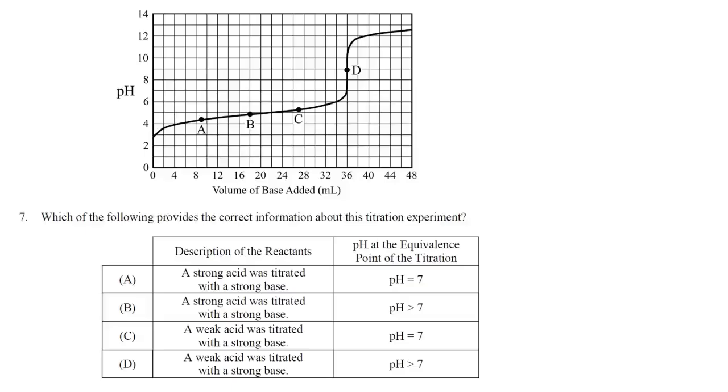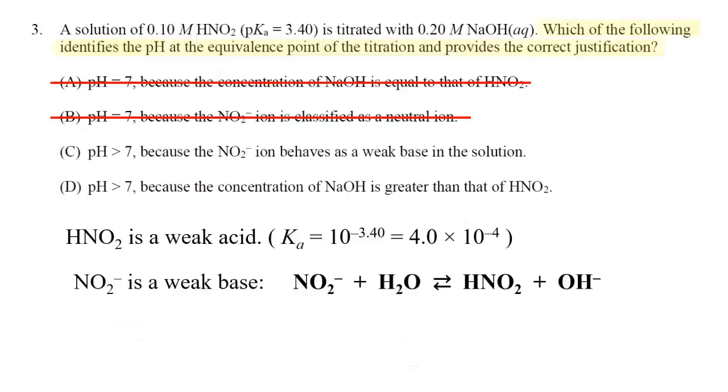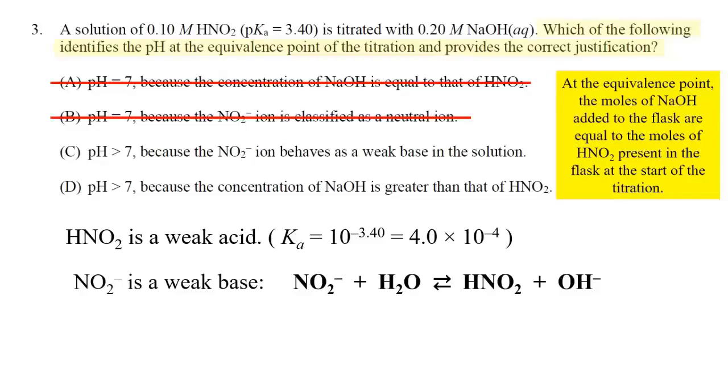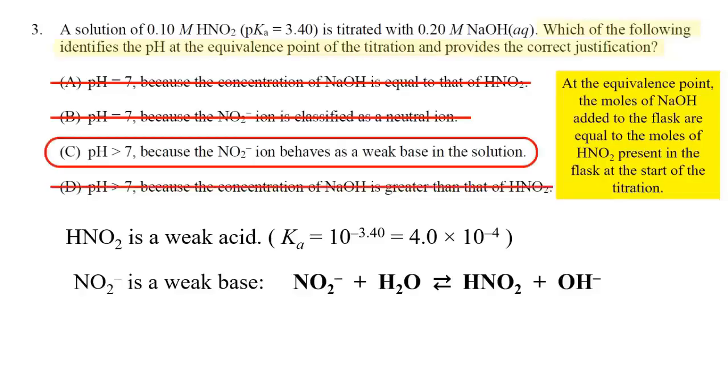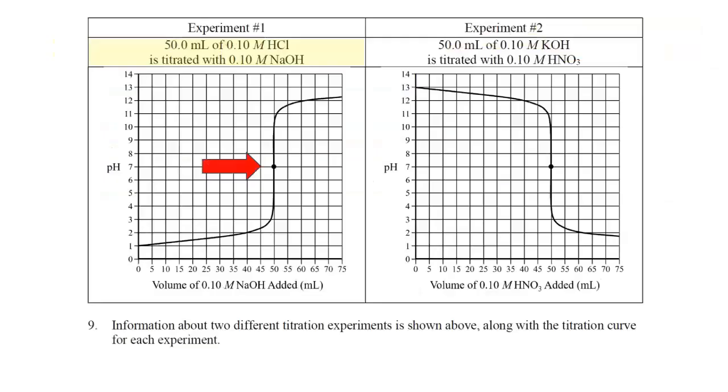Is it equal to 7 or is it greater than 7? Hopefully, this question is going to be familiar to you from an earlier point in this video. So recall, question 3 talked about the fact that the pH was greater than 7 at the equivalence point for this weak acid strong base titration.